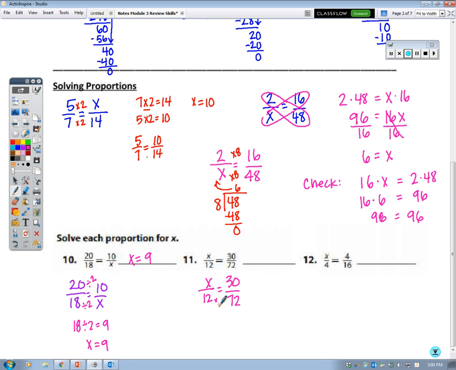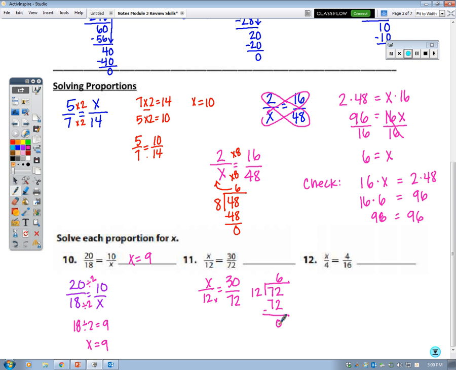So I might need to do a little division here and say, okay, well, I don't know what I have to multiply 12 by, but I can certainly divide 72 by 12 and find out. And that's going to maybe just be troubleshooting for you. You know, 12 times 2 is 24, and you have to go through that, and that's fine. But 12 times 6 is 72, and we can just double check that.